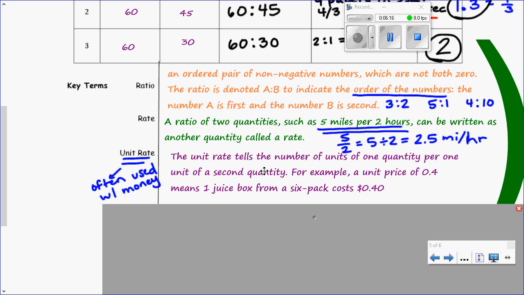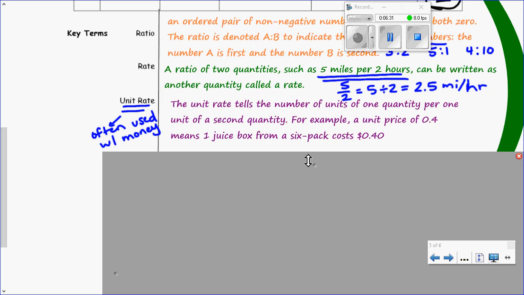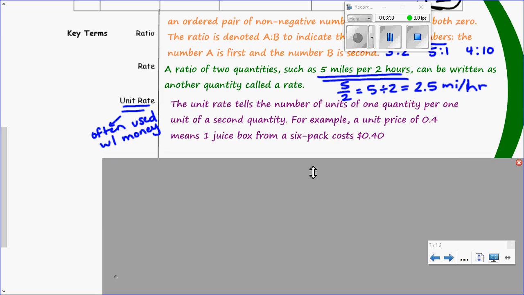Okay, so the unit rate tells the number of units of one quantity per 1 unit of a second quantity, which sounds confusing, but really what it's saying is the price 0.4 means one juice box costs 40 cents. So if you're ever at the store and you see a 6-pack of Pepsi or something, you can divide the price by the number of cans or bottles, and then you would get the price of 1.